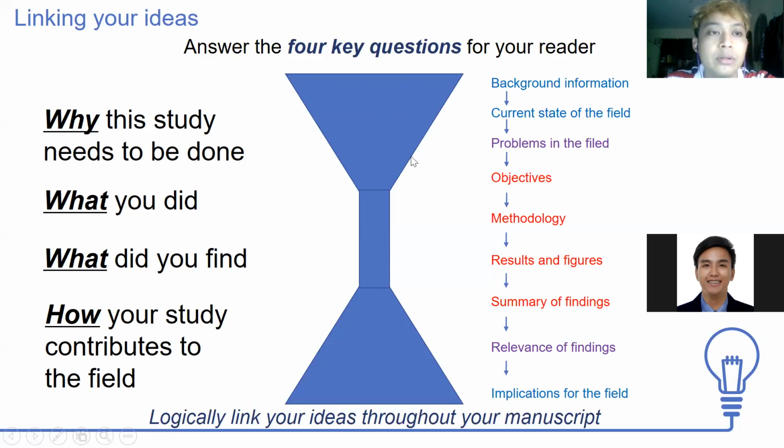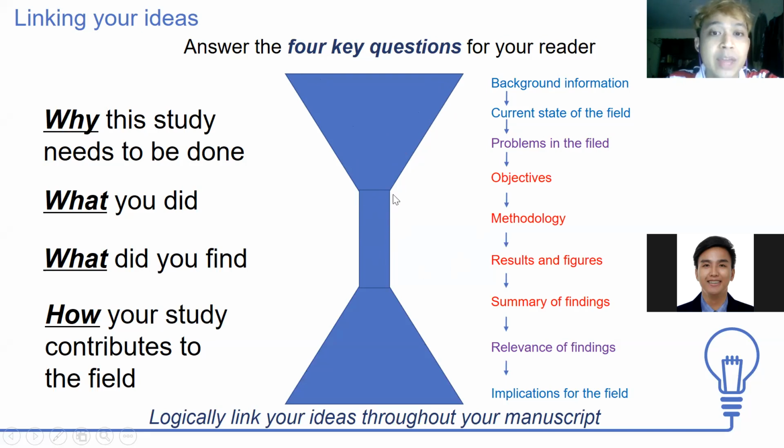So this is basically the general knowledge. When you would like to start a research paper, it starts with general things. After that you can go to the current problem, the research gap, and the problems in the field, and then it goes to the objective of the study. After the objective, we go to the method and the results.